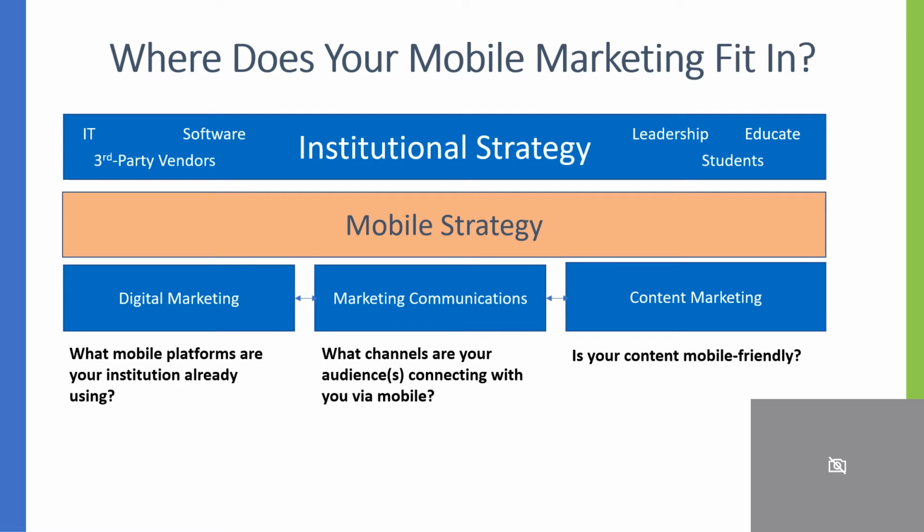How is leadership understanding the engagement of mobile, and how are your current students truly engaging with mobile today? That can all help inform your mobile strategy for an external audience when it comes to recruitment and admission activities.